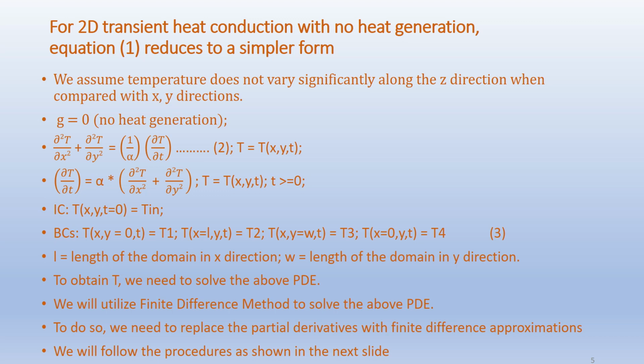These are the boundary conditions at the four sides of the copper plate. L represents the length of the domain in x direction and W represents the length of the domain in y direction. To obtain the temperature profile, we need to solve the above PDE.